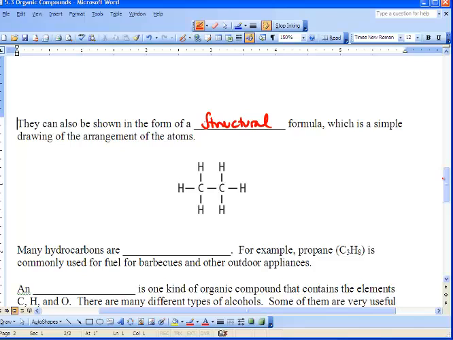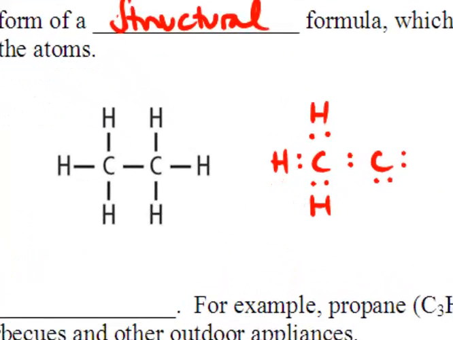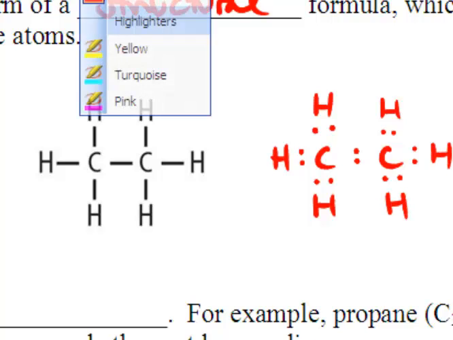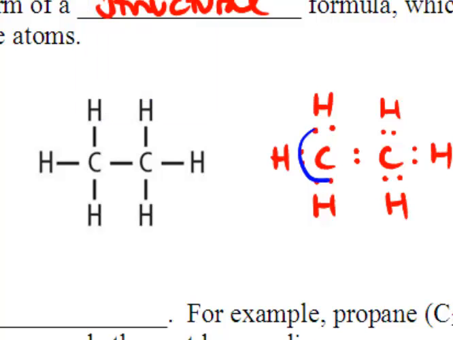So what you'll see is we've got our C's in the middle, they form the backbone, and we've got H's all around. So really what's happening is the Lewis diagram of this molecule would look like this. And they're all sharing so that they all have full shells.